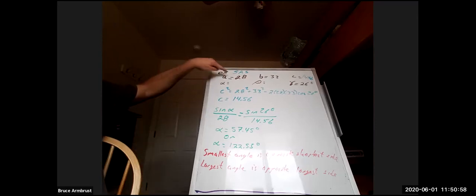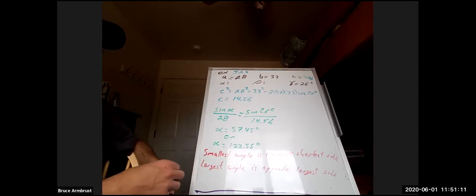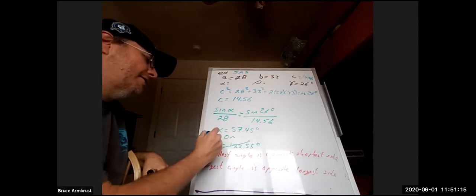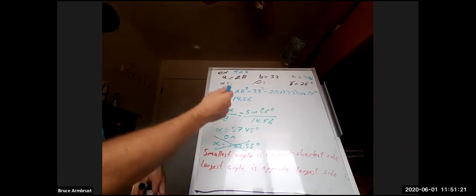Well, A is not the longest side. We know B is longer. So that means A cannot give us the biggest angle, which means alpha isn't 122.55. So I'm going to cross this off as, even though the sign of alpha suggests that that's a possibility, the triangle itself doesn't.